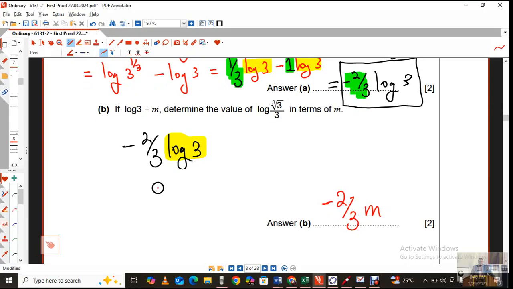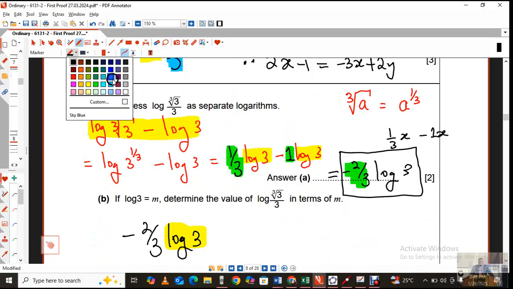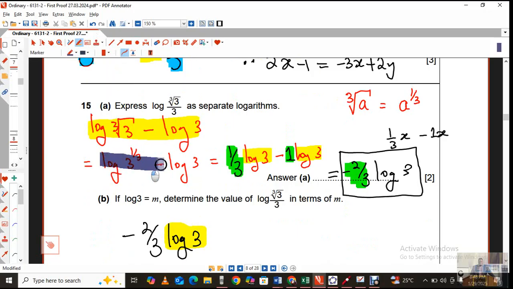Or if you didn't want to use that answer, and you are going to that part where it says a third log 3 minus log 3. Remember where I said you get a mark, let me highlight that with another color. I'm now talking about this. Might be a little bit dark, but I think you'll get the concept.